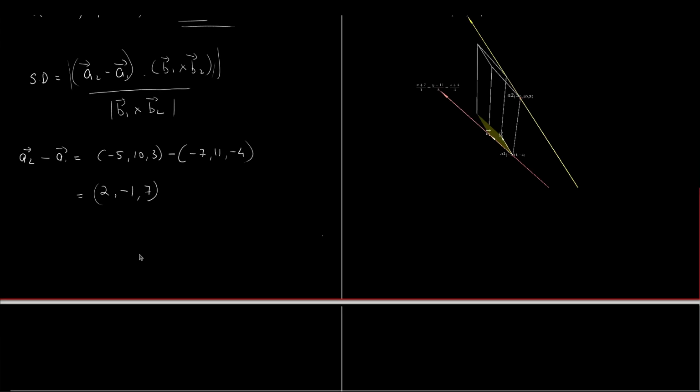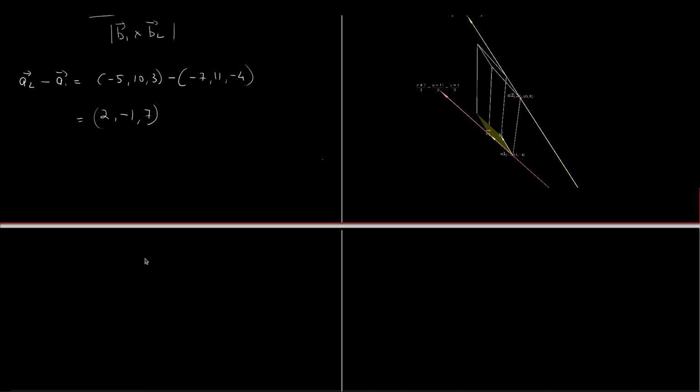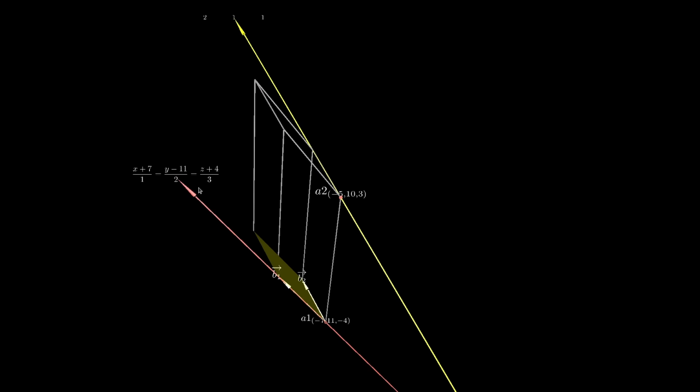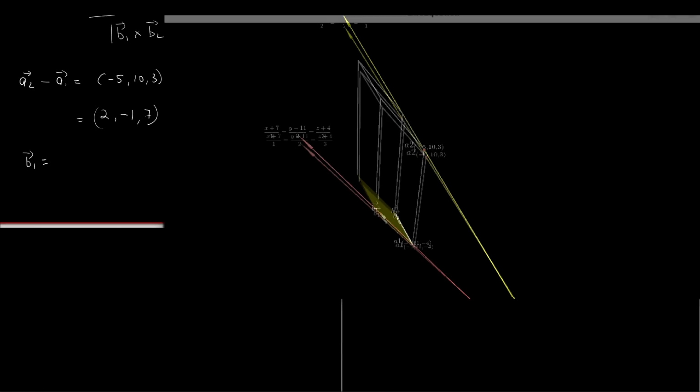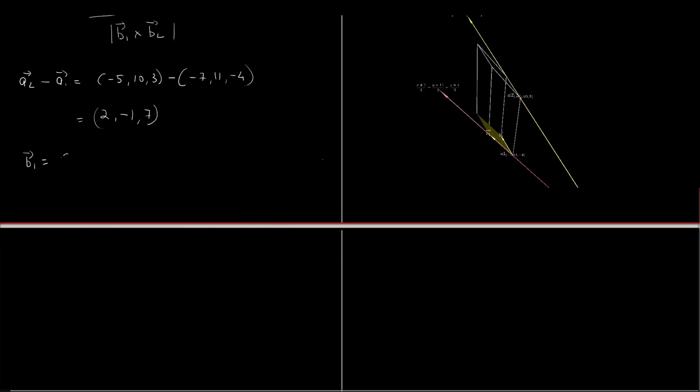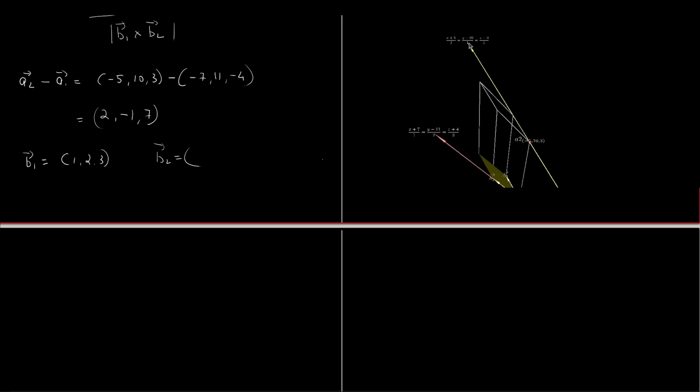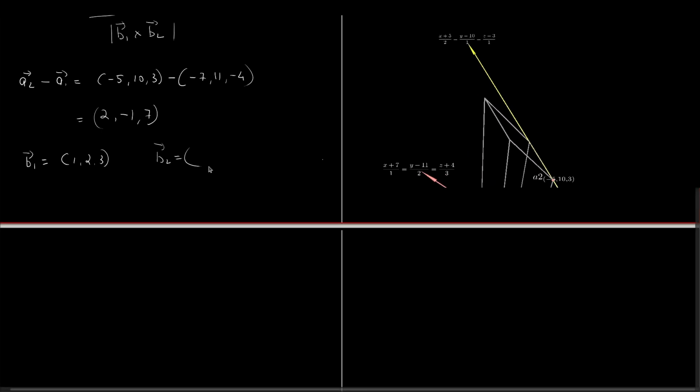Okay, we will come back again. We'll try to solve it. Let's solve B1 cross B2. Here B1 is 1, 2, 3 and B2 is 2, 1, 1.